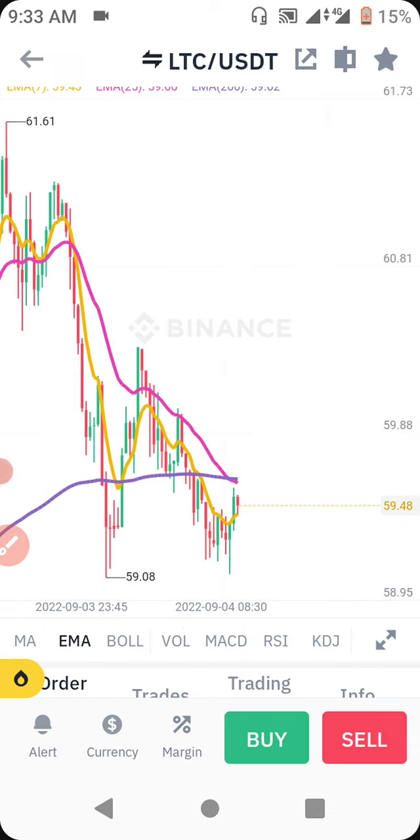So we have our LTC now. Instead of just inputting a price like 58, 59, 60, we input 62.10.